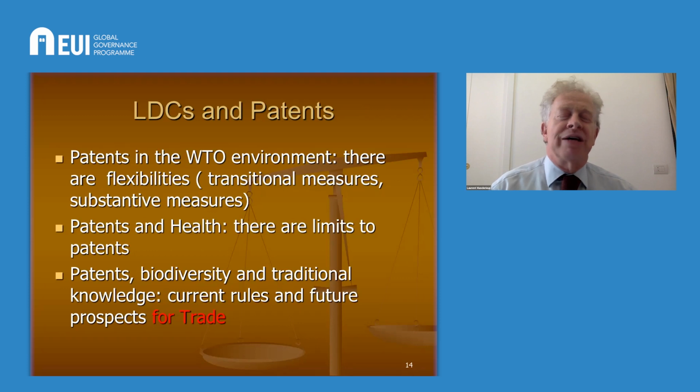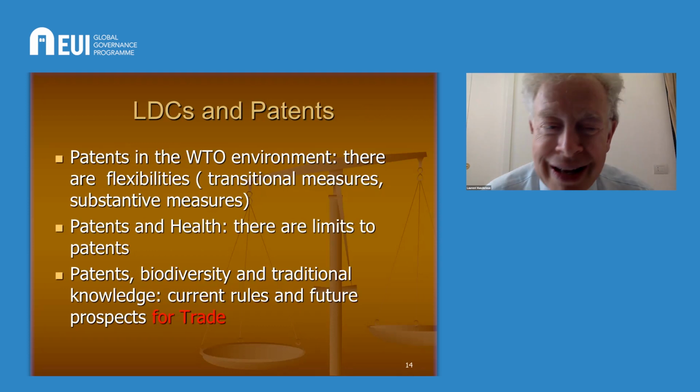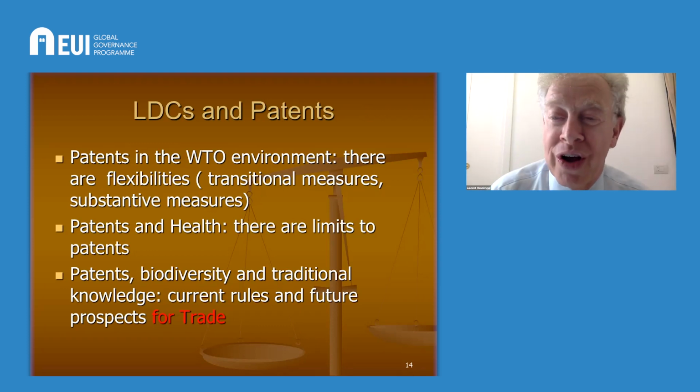There are some short circuits with other conventions, in particular the Nagoya Protocol, that imposes some disclosure obligations on patent applications and patents, and some ownership rules in favor of indigenous communities.